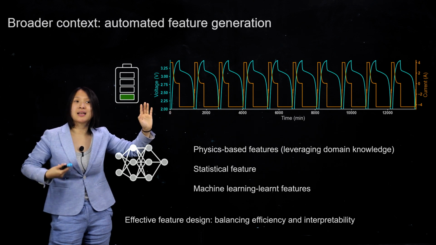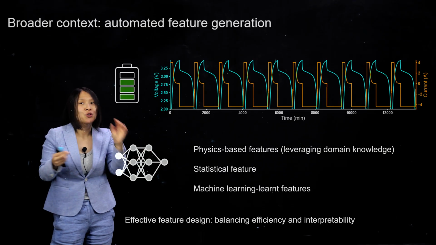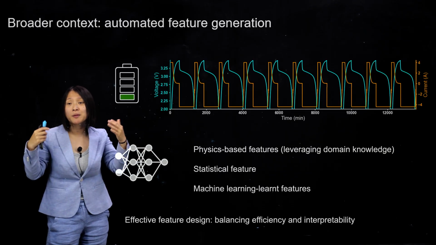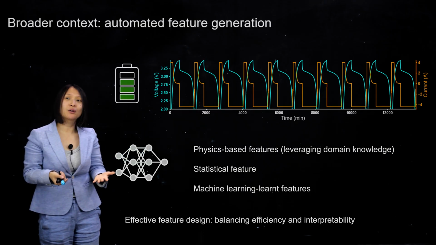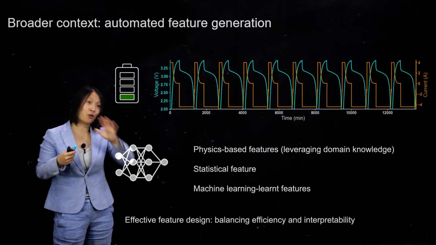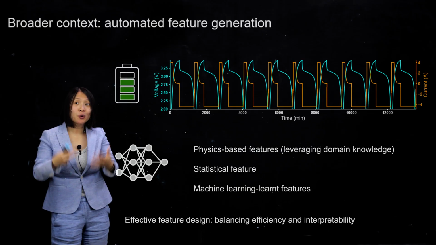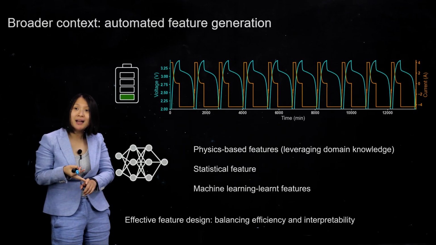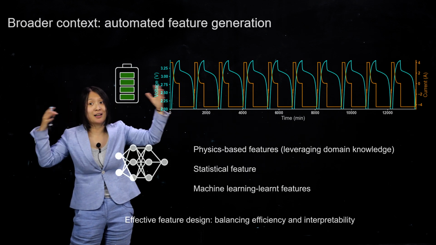In other words, we are leveraging our domain knowledge of how batteries work to efficiently, and with high interpretability, extract meaningful features. We can also automate this process by extracting statistical features across our time series data. For example, we can extract the rolling statistics of the means, the maxima, the minima, and the variance across all the individual cycles of the data available.